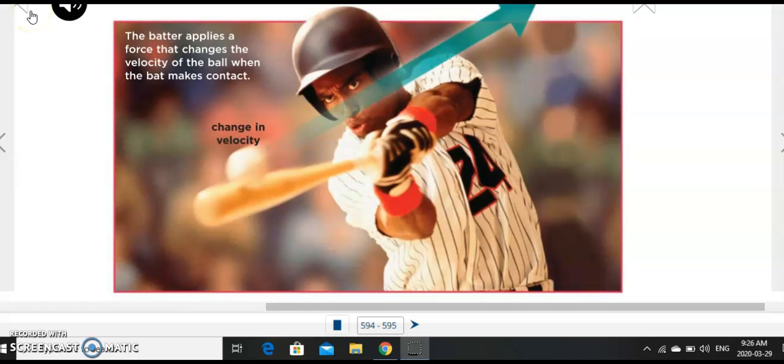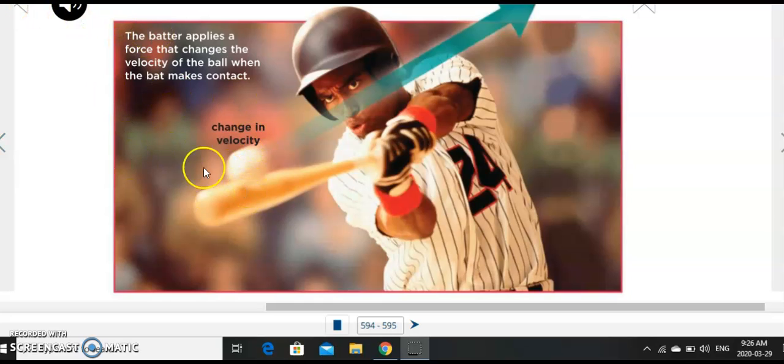We also have the momentary force that causes a change in the velocity of an object. This force is limited and not continuous, just like this picture where the batter applies a force that changes the velocity and the direction of the ball when the bat makes contact with the ball.